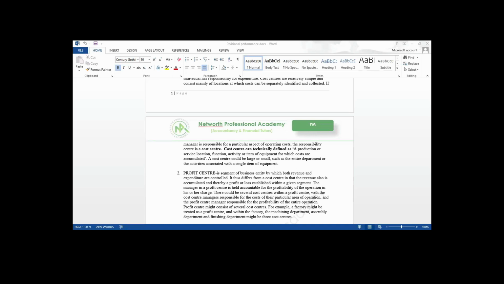That department or that business unit can generate revenue. They can also incur costs. The difference between the revenue and the cost incurred represents the profit of that segment.